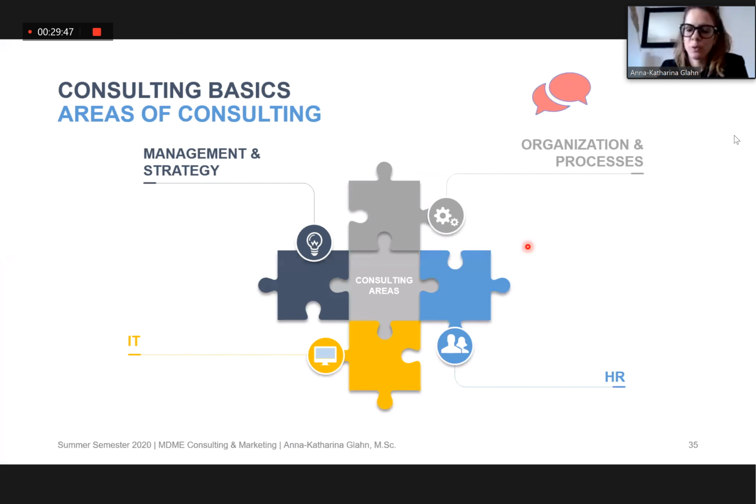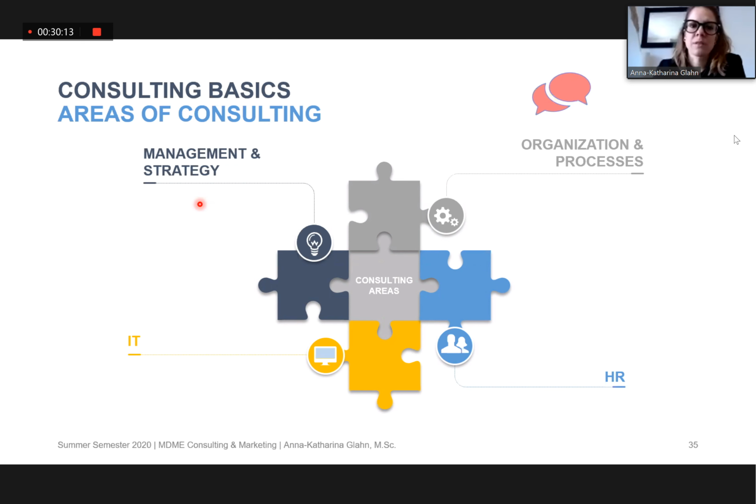Okay, I think we will not be able to do this breakout session, but maybe you can prepare a bit for the next time, for Monday. This is just a very brief overview of the areas of consulting defined by the German Consulting Association.